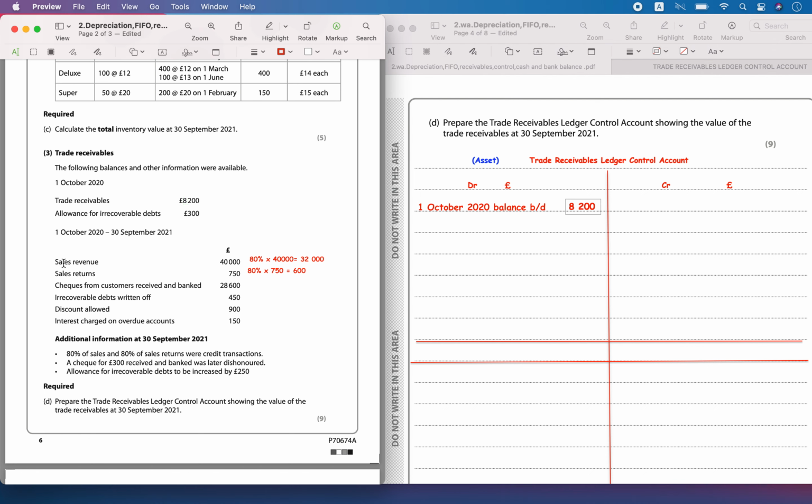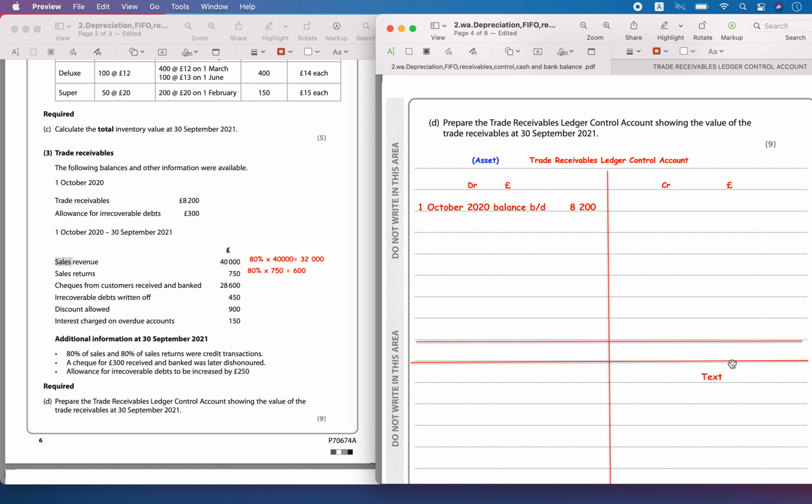And then sales happened. You have to include 80% of sales, so the credit sales are going to be equal to 32,000. Let's write here sales return, it was around 600.